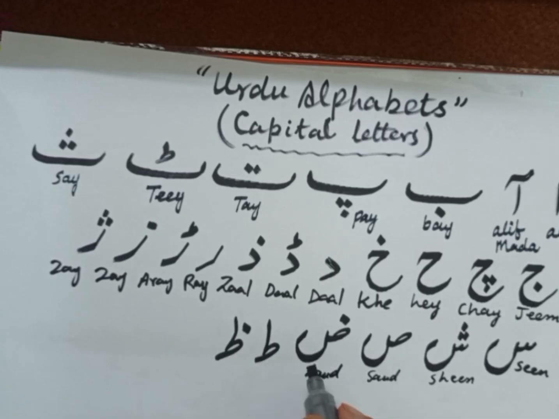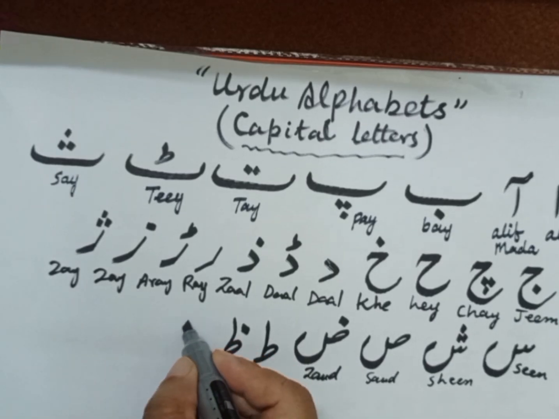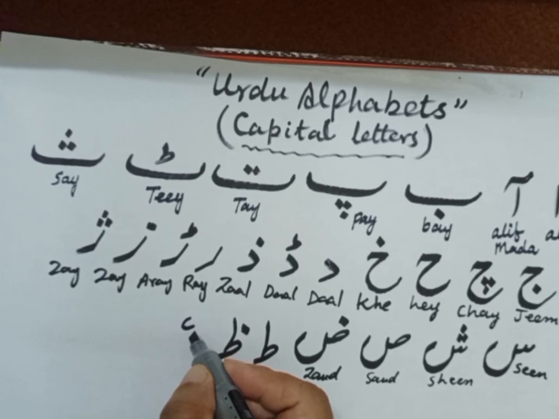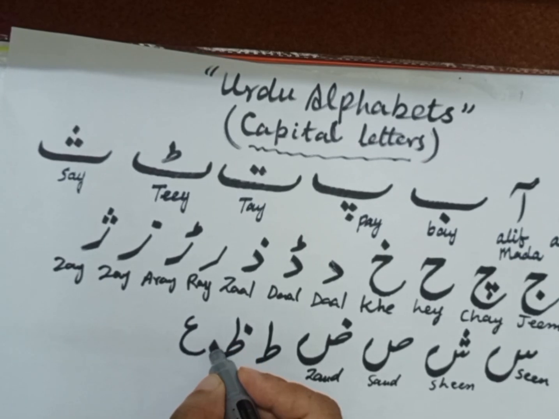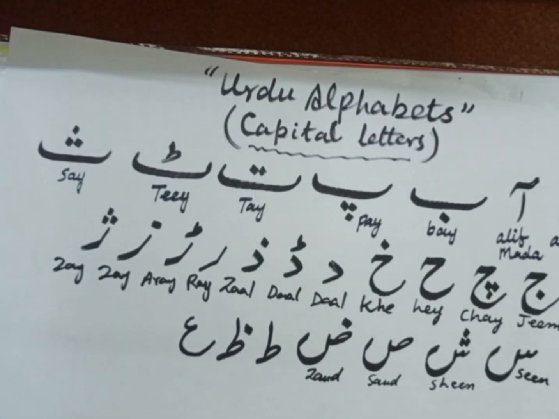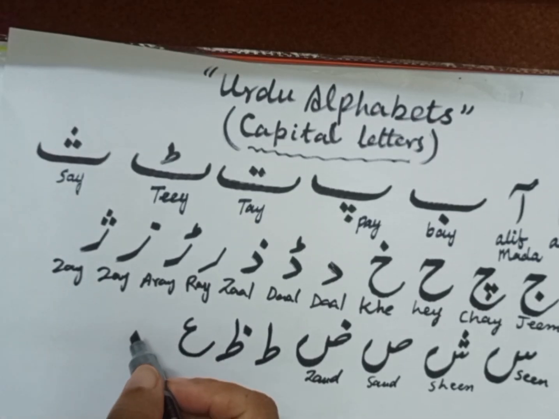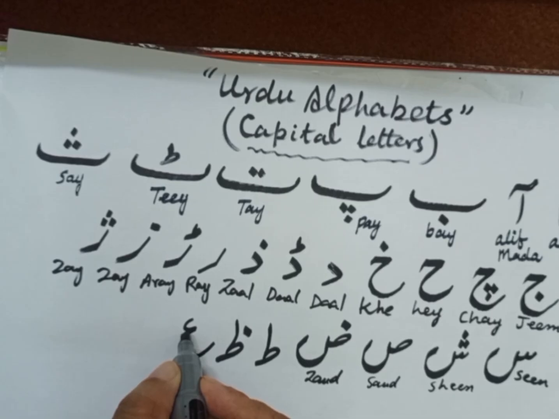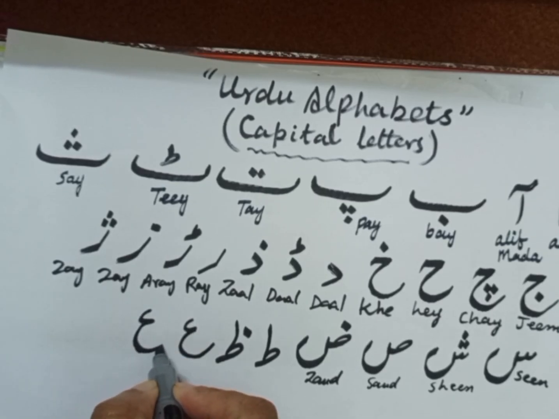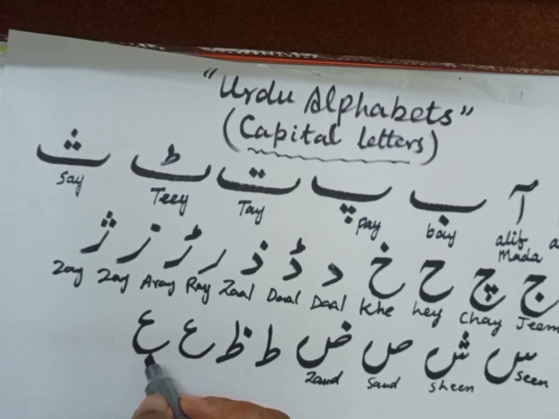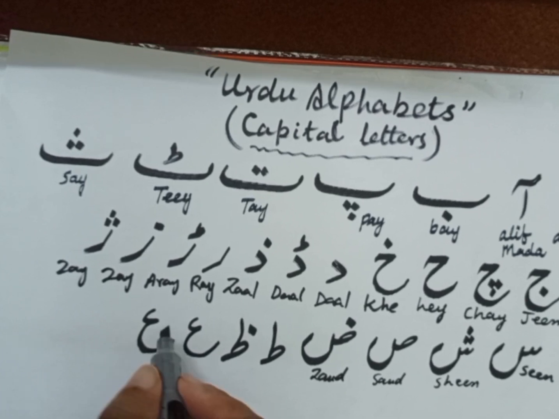Then ein. Make a little bit of circle like this, then big. This is ein. So what will be the other letter? Again the same as ein. It is very easy, only the differences are dots.